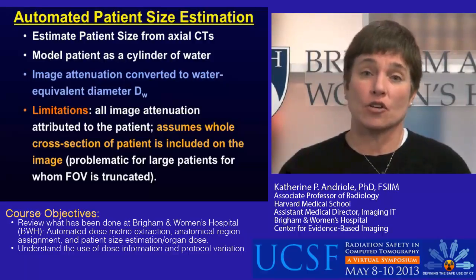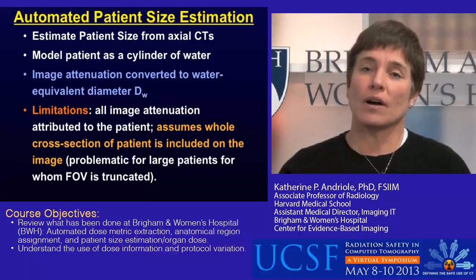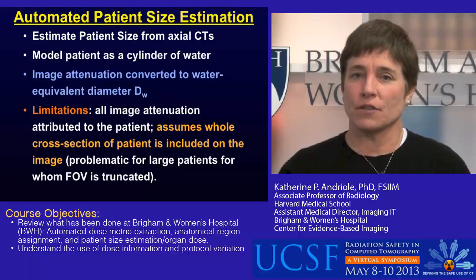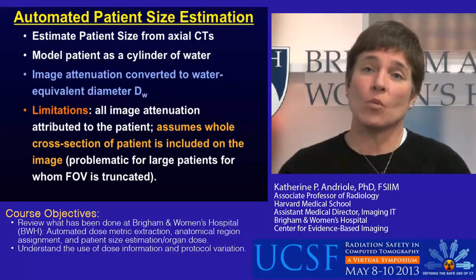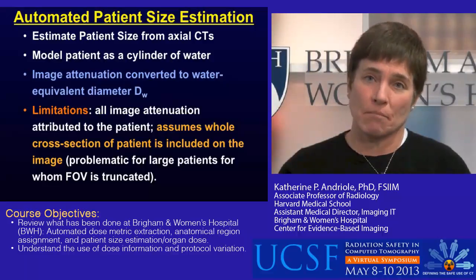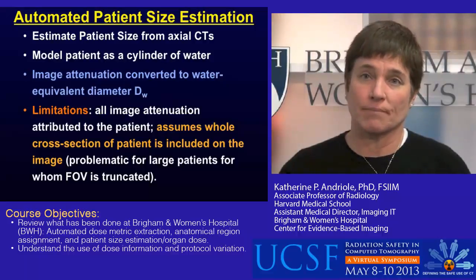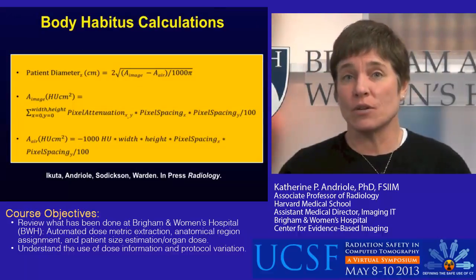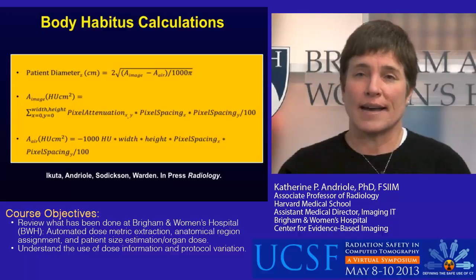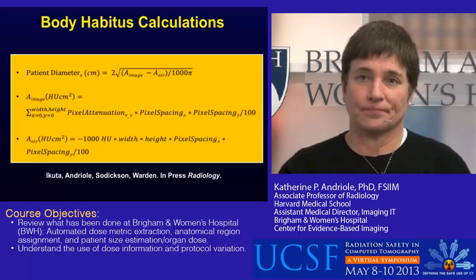It's problematic for large patients who are truncated by the field of view. What we do, though, is essentially model the patient as a cylinder of water and use water equivalent diameter. Here are the equations that we use, again, to estimate patient size.